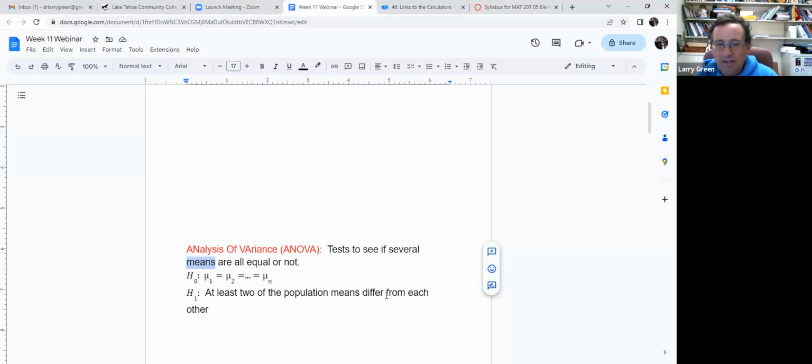So that's why we need this new test called ANOVA, to be able to handle the fact there are many, many different pairs that you should be testing. And just trust that ANOVA makes that work.